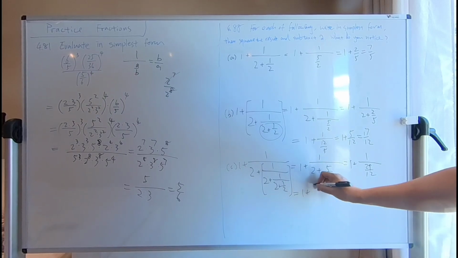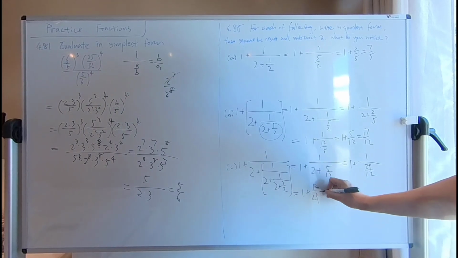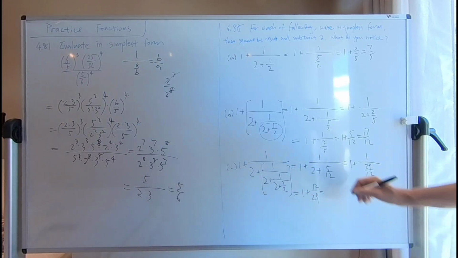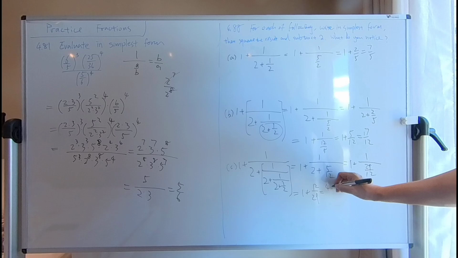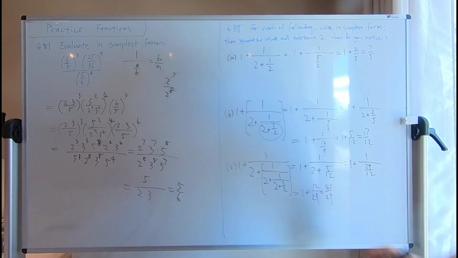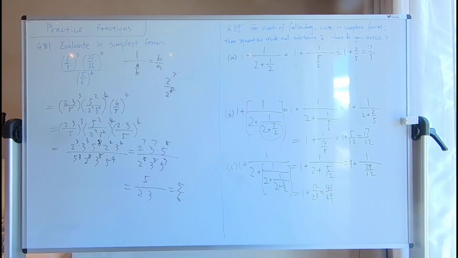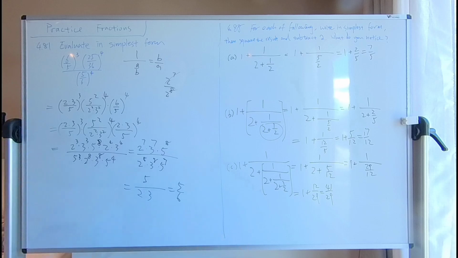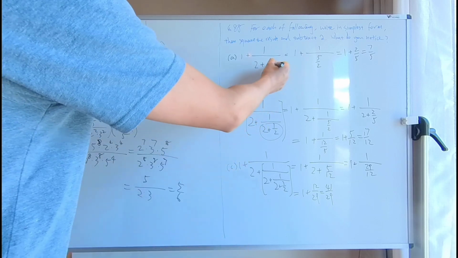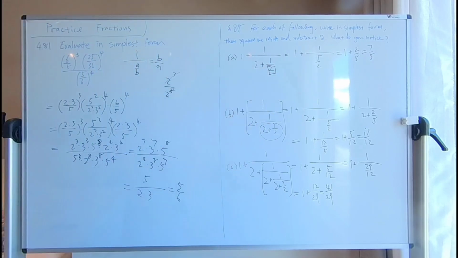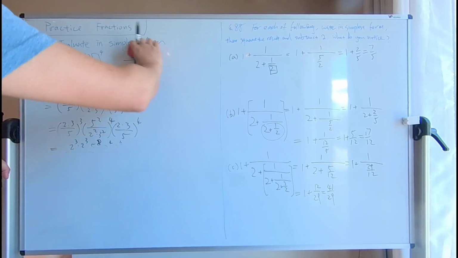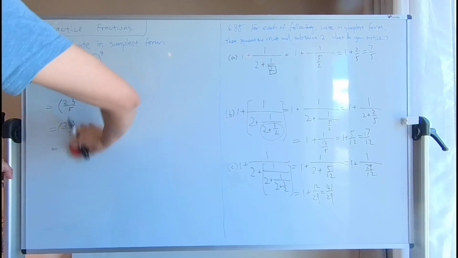This is 1 plus 12 over 29. So 29 over 29 plus 12 over 29, that's 41 over 29. Okay, so I have calculated all three terms, and you can see that each expression, compared to the previous one, keeps expanding this term. So it looks like it's iteratively approaching something.